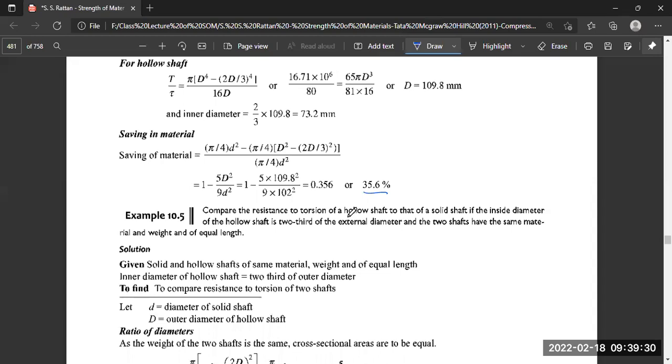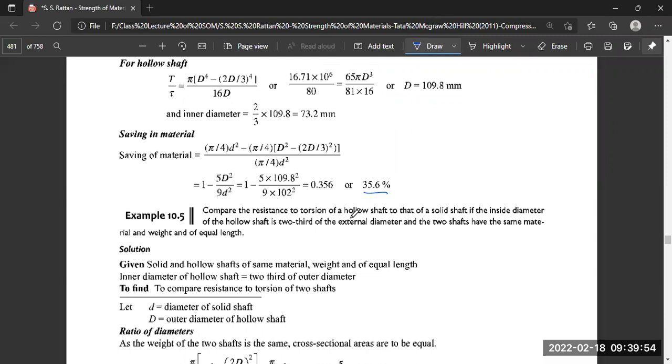The resistance to torsion means the maximum torque which can be carried by the cross-section of the shaft for a maximum value of shear stress, which is defined as the torsional moment or resistance to torque.